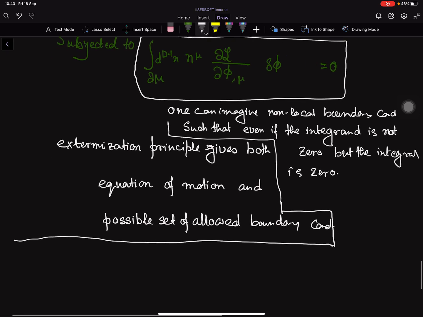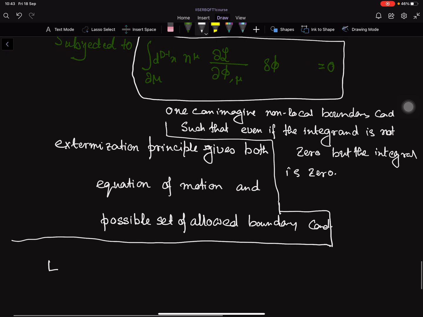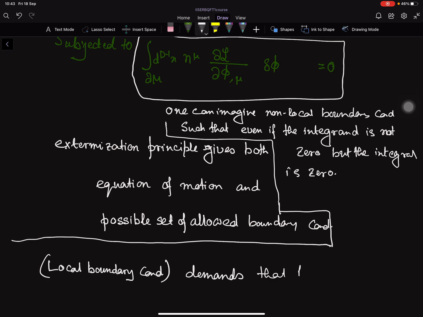But often for physics we impose an even stricter condition, which is the local boundary condition. The local boundary condition demands that the integrand vanishes everywhere on the boundary.